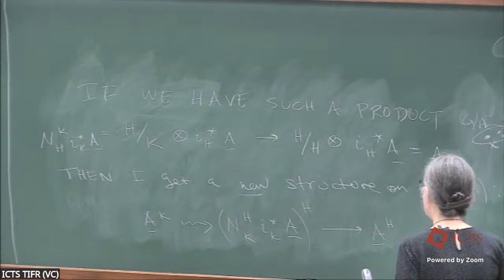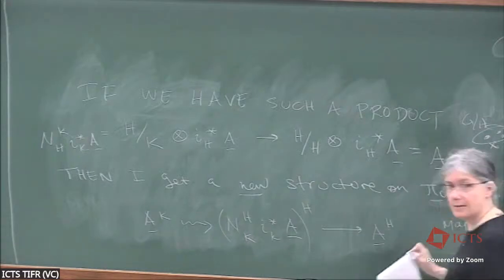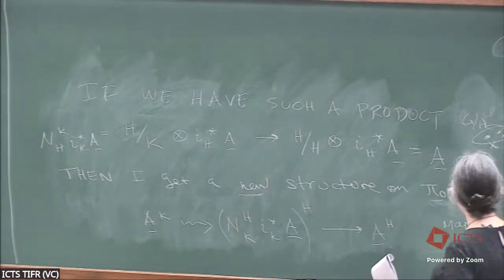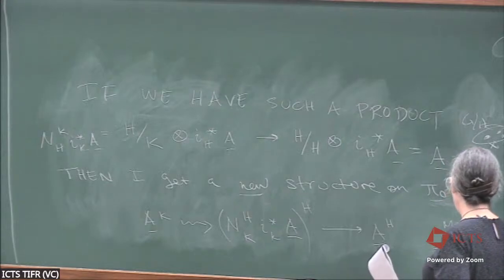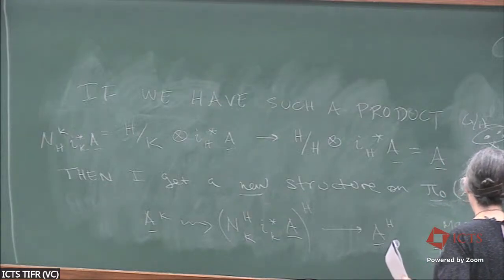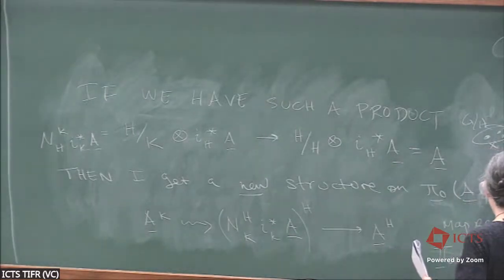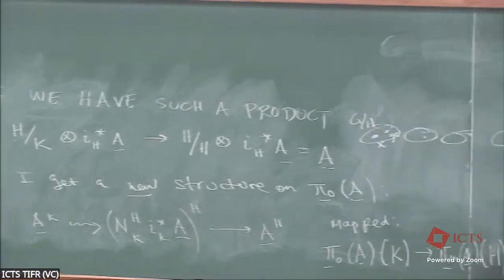So basically what you did, we just mapped pi 0 underline A of K into pi 0 underline A of H by a completely different thing than transfer.